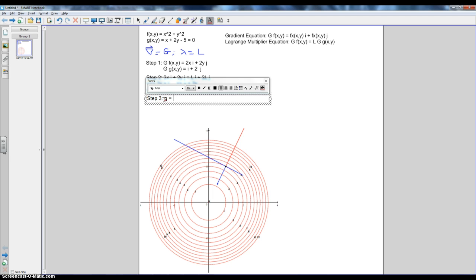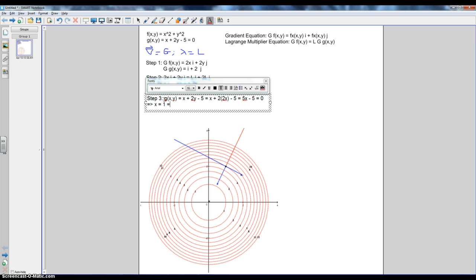So we have g(x,y) equals x plus 2y minus 5, which equals x plus 2 times 2x minus 5, equals 5x minus 5 equals 0. So x equals 1.